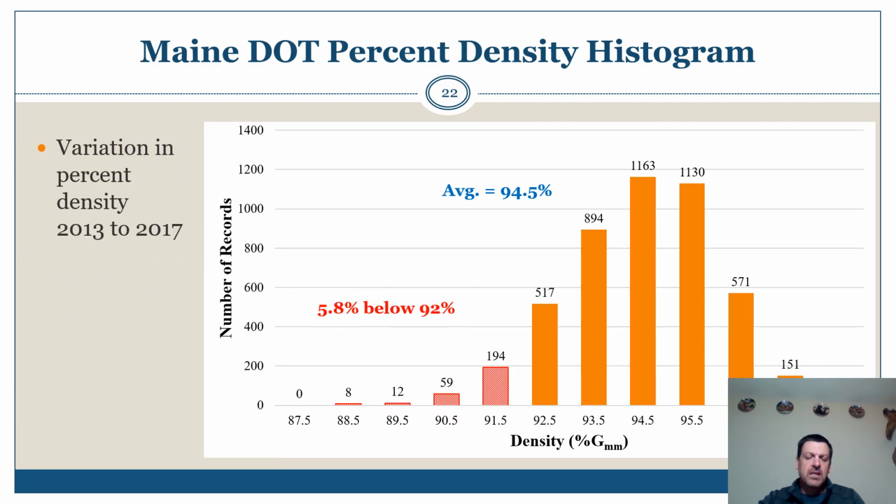Now this is some data compiled from Maine DOT over the period from 2013 to 2017. The average density in Maine, where their spec is working really well, is 94.5%, and they have only 5.8% below 92% density.